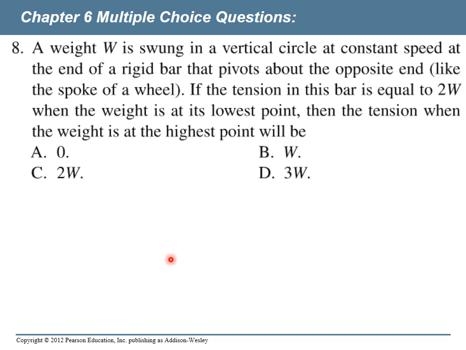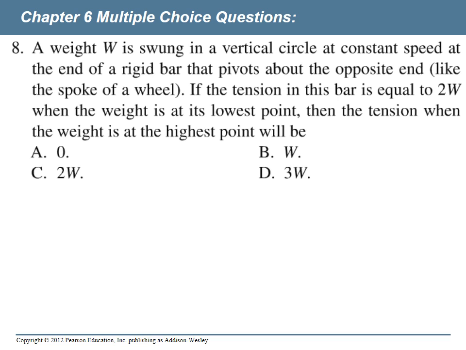So we would need a tension to not only counterbalance the weight down, but also to cause some acceleration towards the center. Since the tension is equal to 2W, one of the W's is due to the weight, and the other W must be due to the acceleration towards the center.